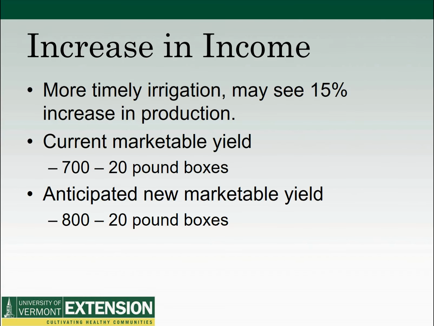Currently, they estimate that they're going to have an increase in income with more timely irrigation. They may see at least a 15% increase in production of marketable yield. Currently, their marketable yield is 700 20-pound boxes on average in any given year, and they anticipate the new marketable yield would be 820-pound boxes.